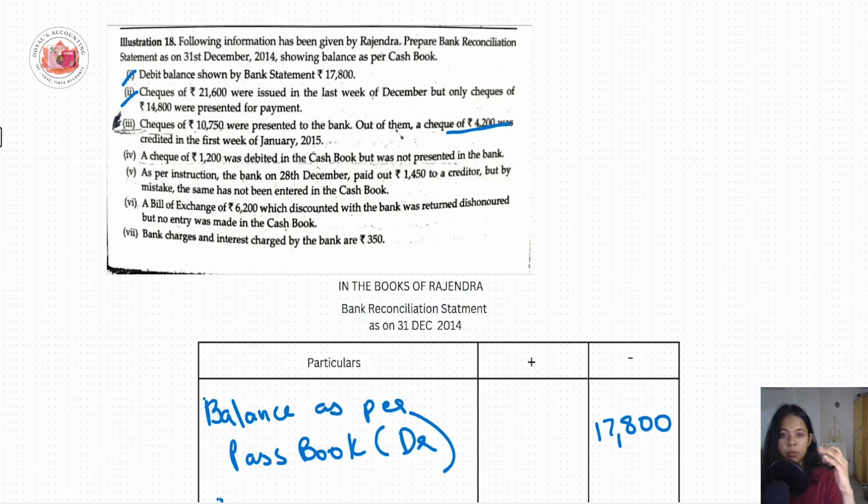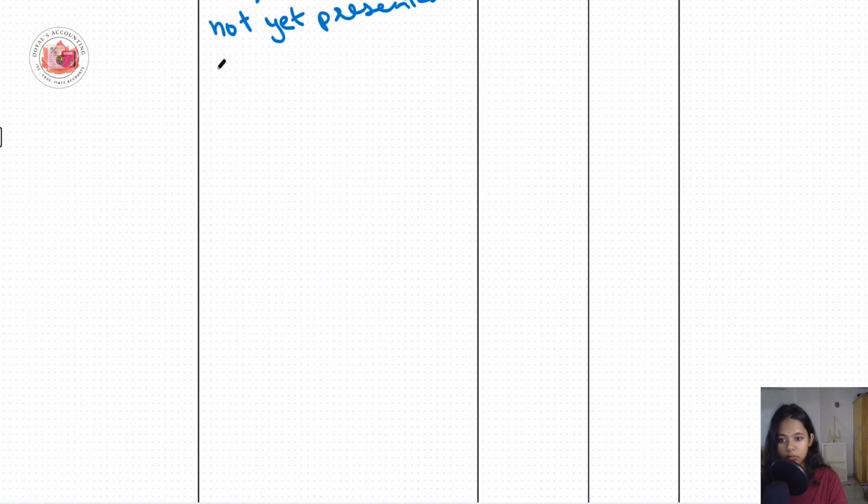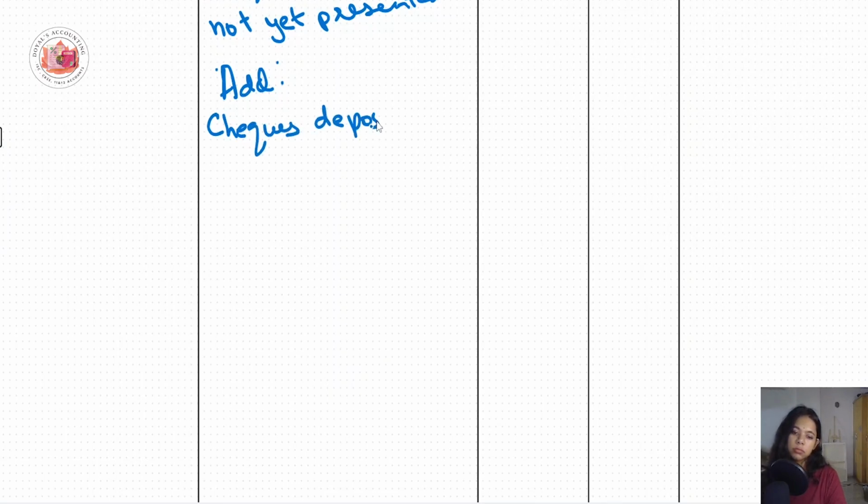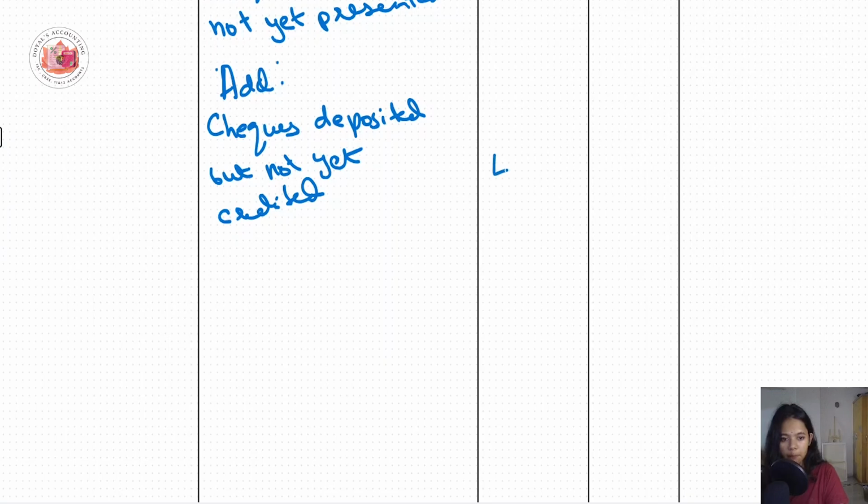Our passbook balance is lesser than our cash book balance by 4,200, and if I want to equalize the two, I will have to add back this 4,200 to my passbook balance. That's what I will do. Add: checks deposited not yet credited, 4,200.